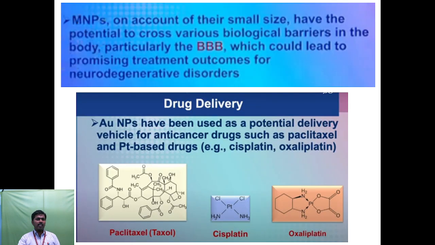Metal nanoparticles, on account of their small size, have the potential to cross the various biological barriers in the body, particularly the blood-brain barrier, which would lead to promising treatment outcomes for neurodegenerative disorders. So gold nanoparticles have been used as a potential delivery vehicle for anti-cancer drugs such as paclitaxel and platinum-based drugs cisplatin, oxaliplatin.